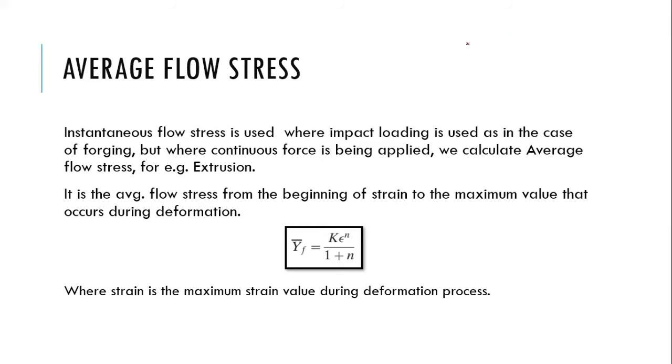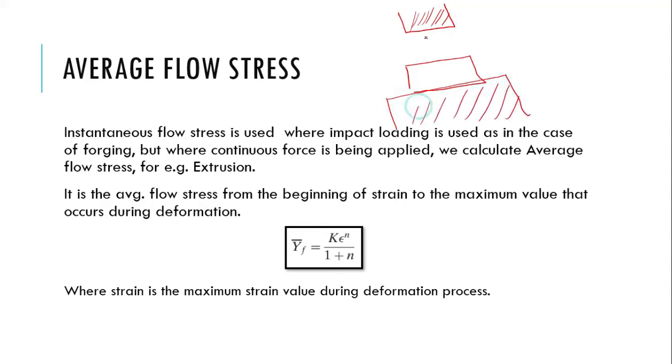As we know, we have multiple kinds of deformation. Let's suppose we are performing the rolling operation or the forging operation. Let's suppose this is the slab, and there is a punch, and this is the die, and that punch is applying pressure onto this material, a gradual uniform pressure.